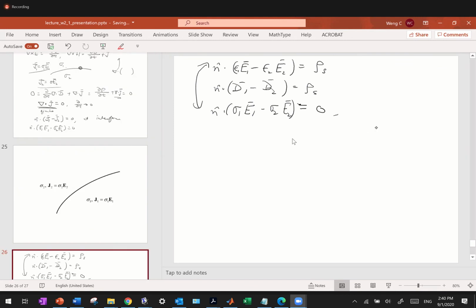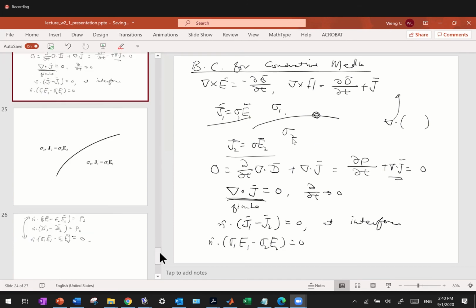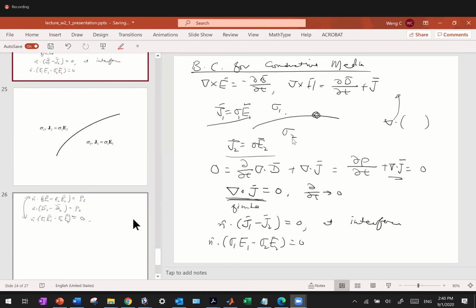If you have two conductive media, then in order for both of these boundary conditions to be satisfied, there has to be charge accumulation at the interface. Otherwise, those two boundary conditions cannot be satisfied simultaneously.